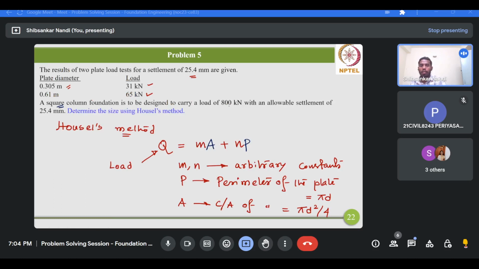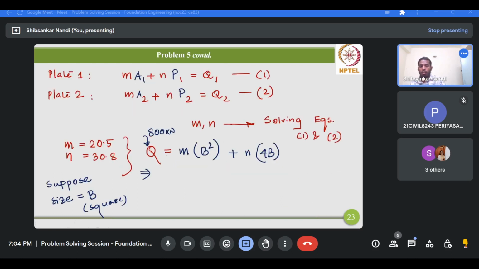So therefore you can modify the equation in this fashion: 20.5 times b square plus 4 times 30.8, so 4 times 30.8 would be 123.2 b, minus 800 equals 0.